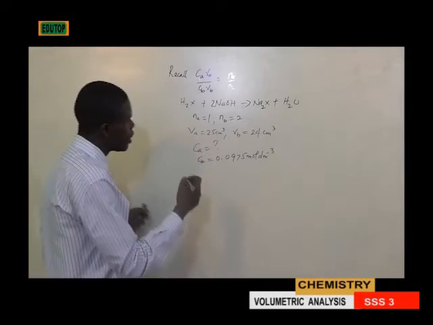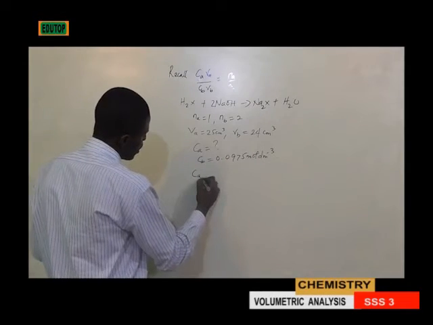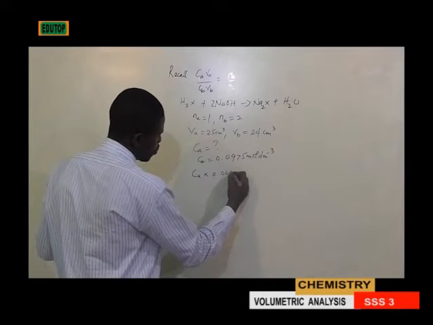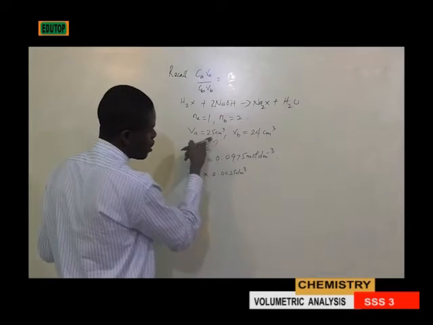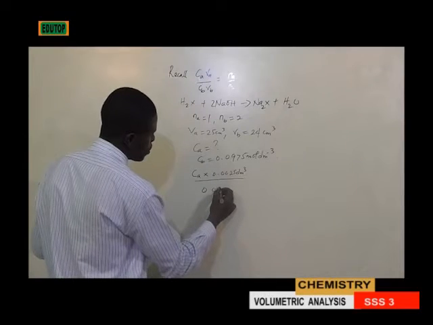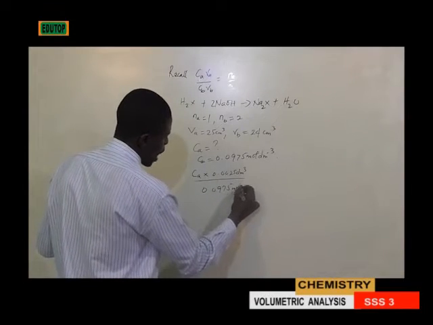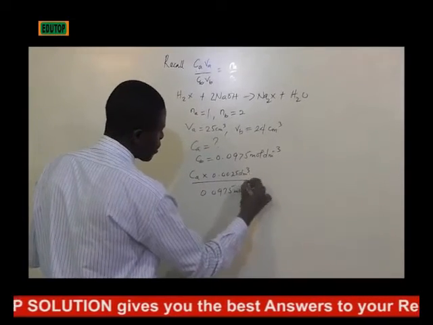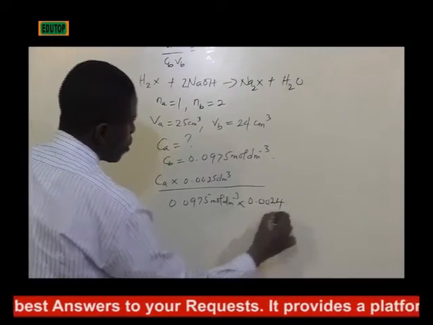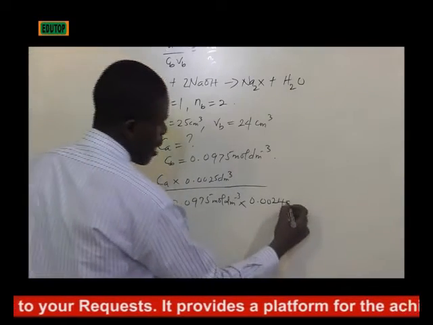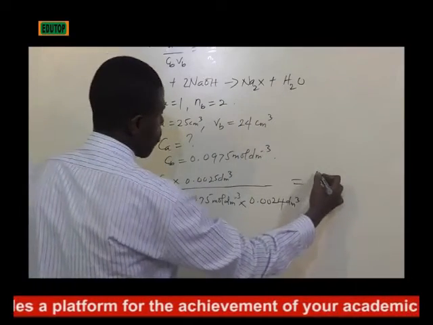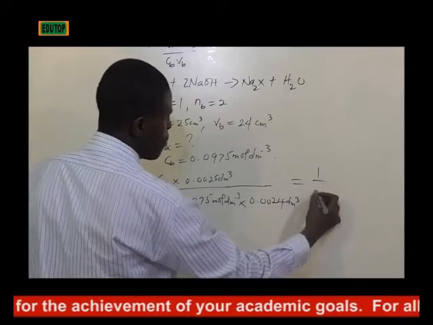So, inputting all these parameters, we have Ca times Va, which is 0.0025 dm cube, by dividing this by 1000, divided by Cb, 0.0975 mole per dm cube, times Vb, which is 0.0024 by dividing this by 1000 to convert it to dm cube, is equal to the number of mole of acid, which is 1, over the number of mole of the base, 2.